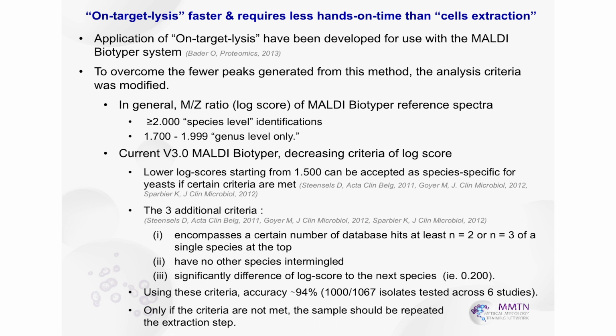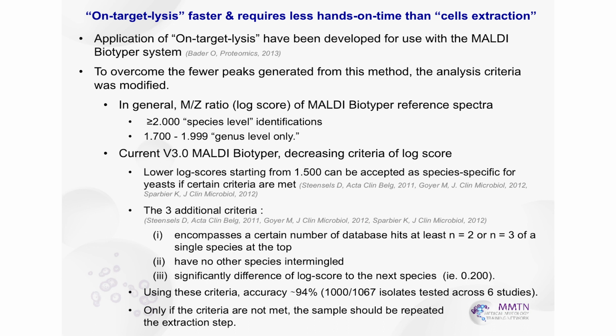To overcome the fewer peaks generated from this method, the analysis criteria were modified. In general, for the mass per charge ratio, or the log score, this company set a score of 2 and above for species level identification, and 1.7 up to 1.999 for genus level only.